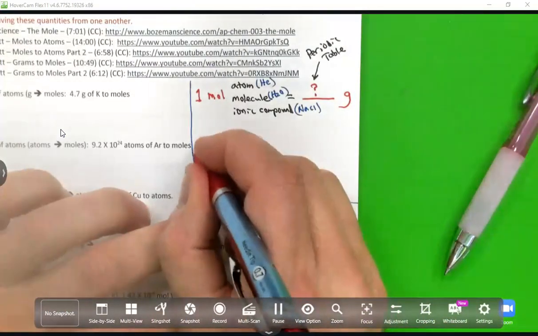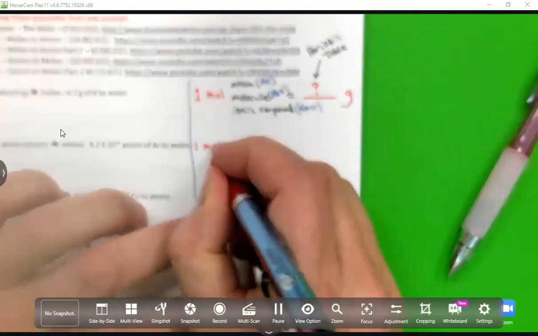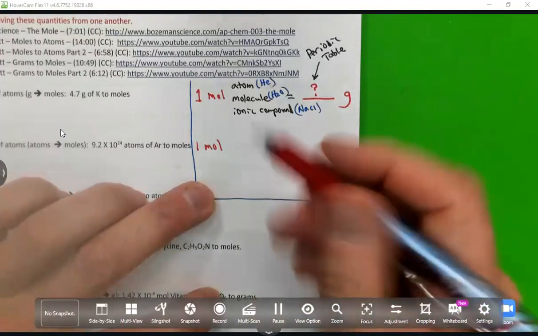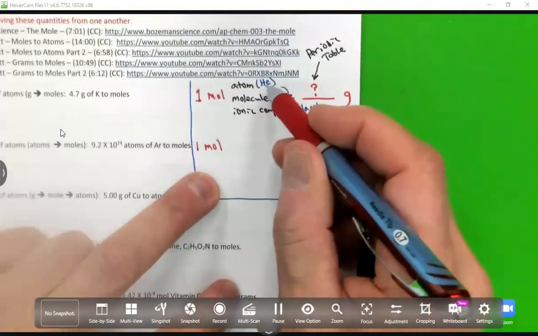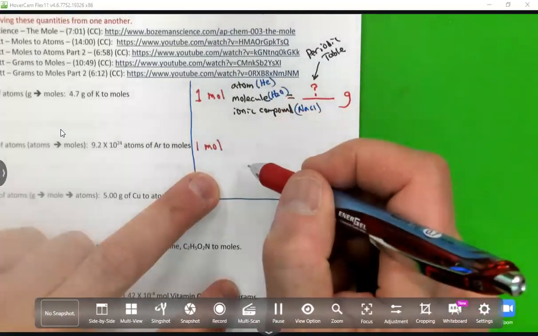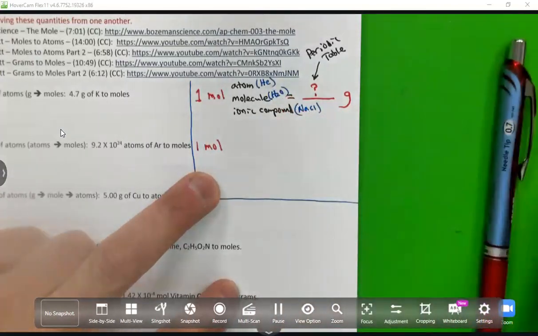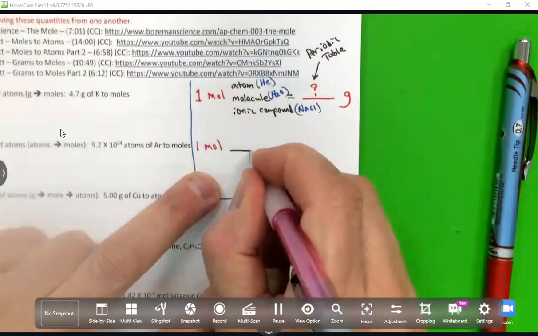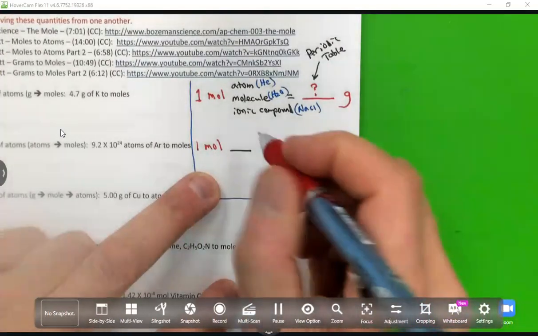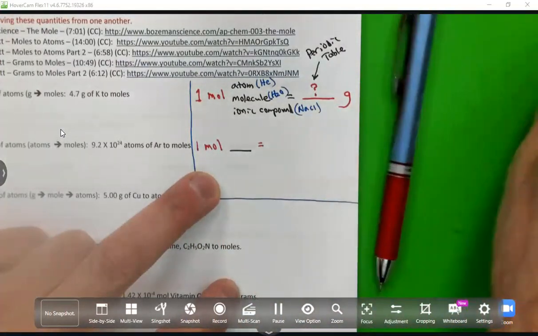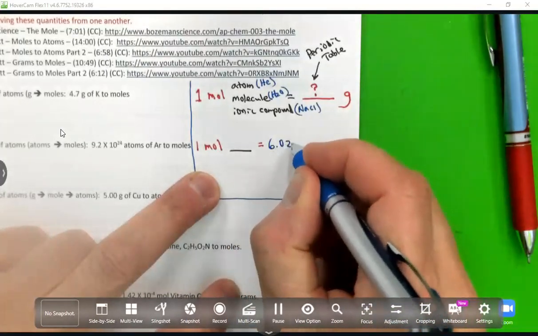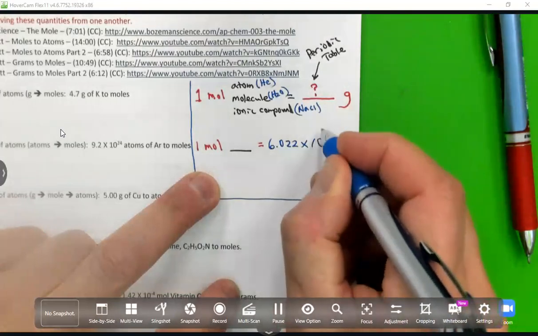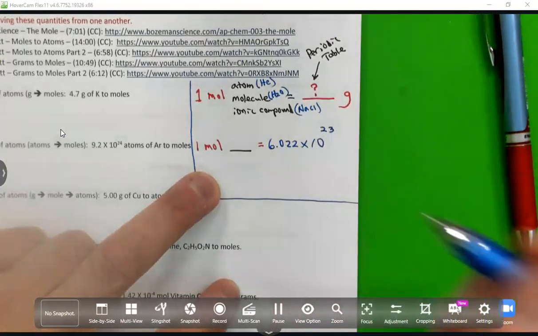And the other thing is 1 mole of atoms, molecules, or ionic compounds. 1 mole of whatever is equal to 6.022 times 10 to the 23rd units.